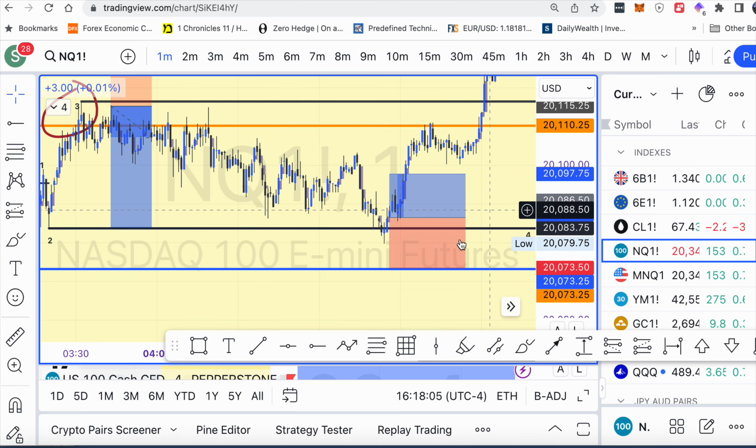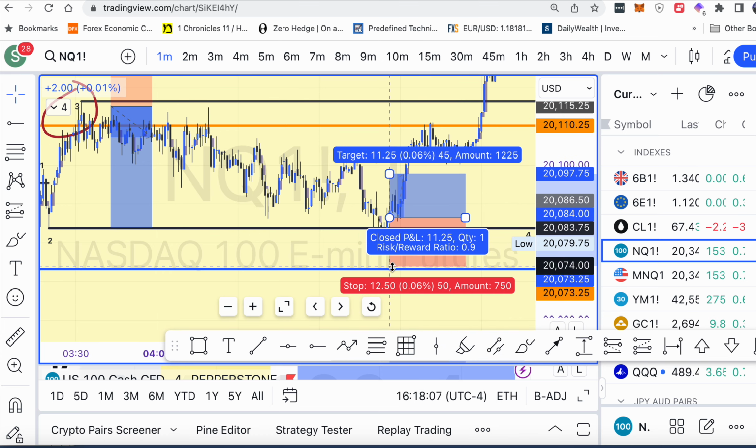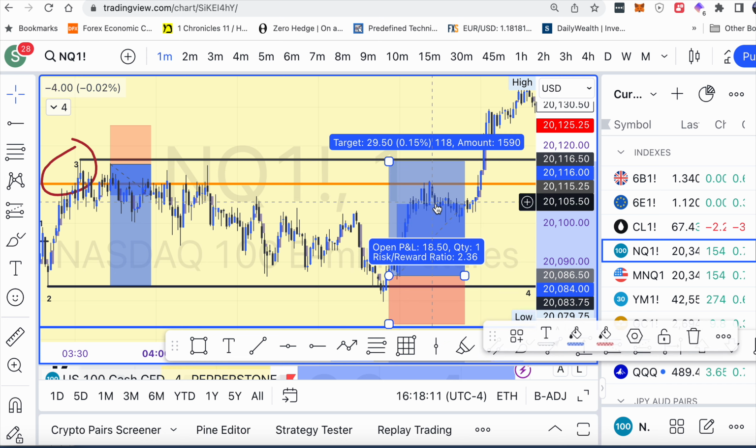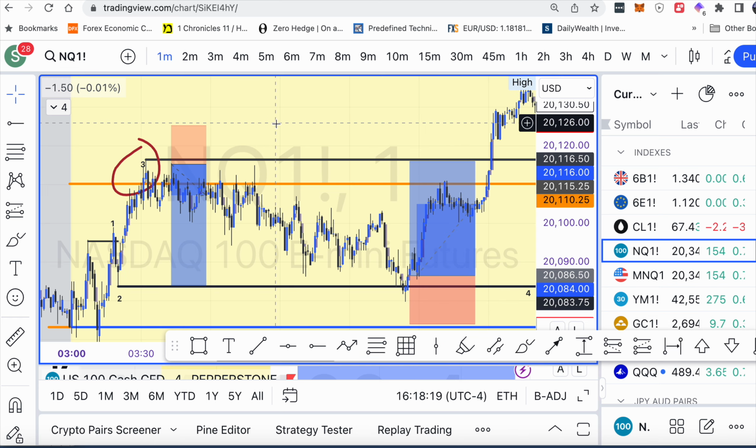Like I said, I do 55. You might want to do slightly less, and then you let it rip to the 3, and you got a 118 pip target on the other end. It's a straightforward win using the 30-minute candle as a range, and then you still work the 1, 2, 3 in the chart. And I think that gives you a nice win.